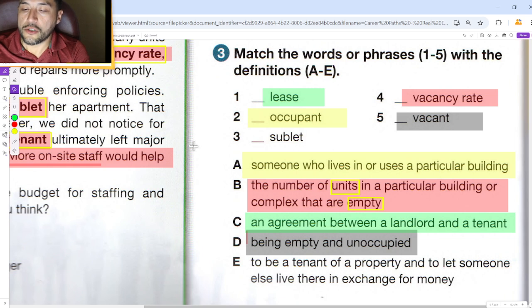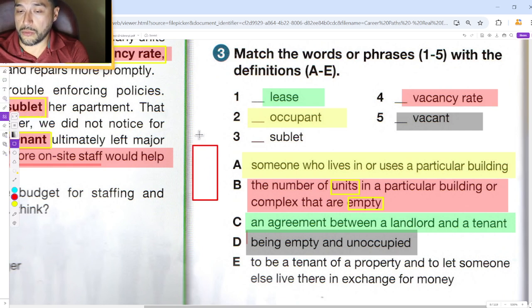E. To be a tenant of a property and to let someone else live there in exchange for money. Okay, so you rent a property and then you rent the property to somebody else.